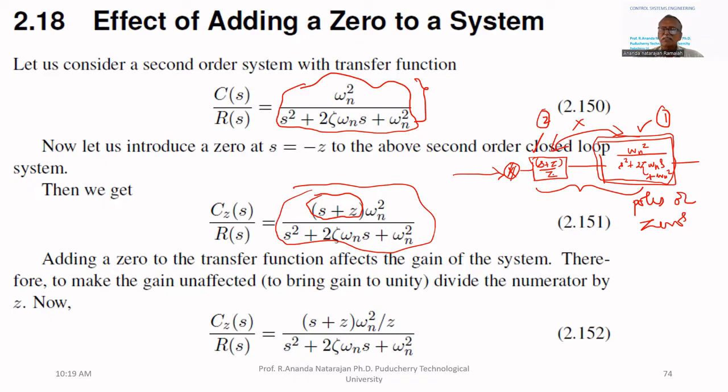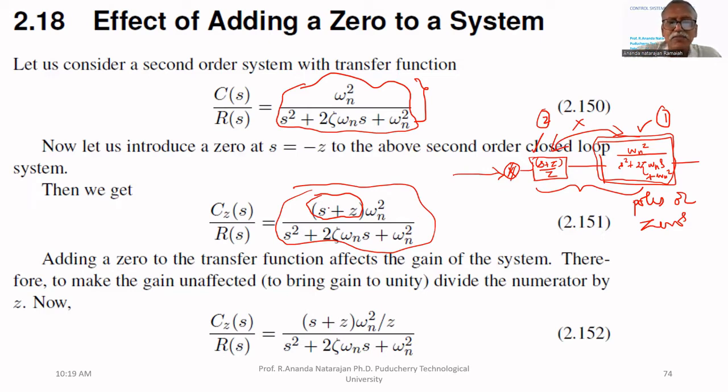Why is it S plus Z divided by Z? If you simply add S plus Z, its static gain will be affected. But I don't want to change any of its static characteristics, the static gain. I want to simply add the zero only. The effect of zero alone must be there.